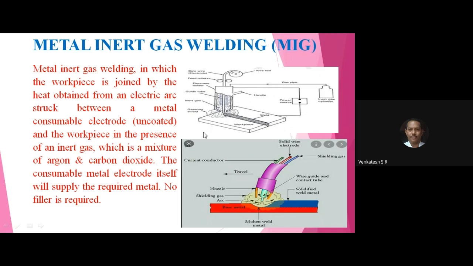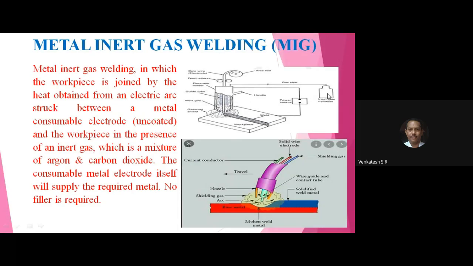Instead of using a filler rod, you can use the welding rod itself as the filler metal, which fills the gap, makes the fused contact and fills the joint. And this is the principle of operation of metal inert gas welding, MIG. TIG and MIG.